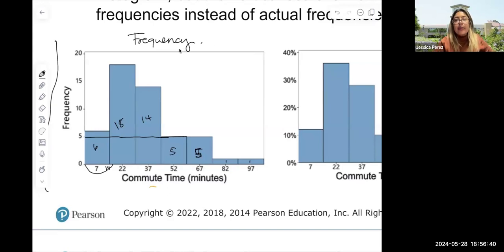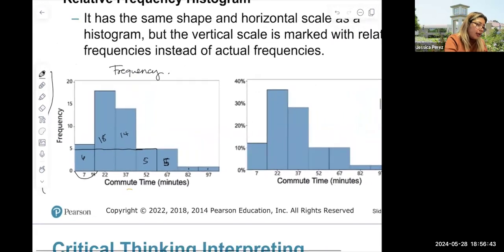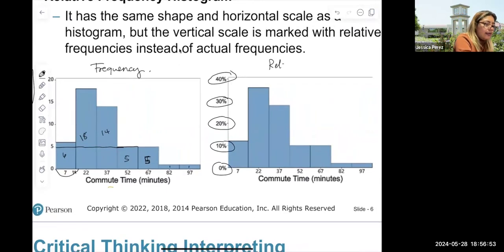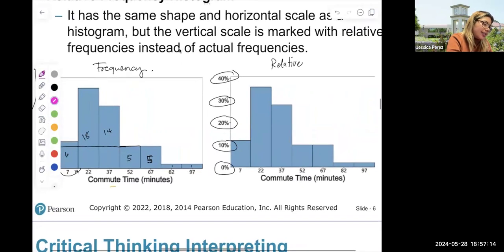Now that is the frequency, but see how now what changes is the percentages. Instead of having frequencies, your tally, it's going to be your relative frequency, because now it goes from 0 to 40. You can actually go from 0 to 100, and remember the 100 is all the way to 1. So you're tallying up your percentages. When we did the first relative frequency, this was 6 out of 50, which I believe was 12%.